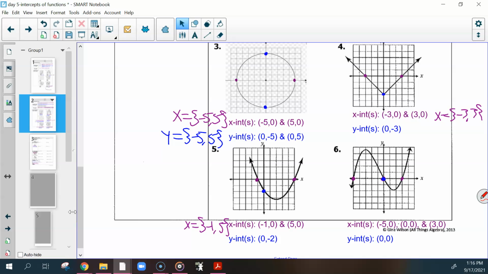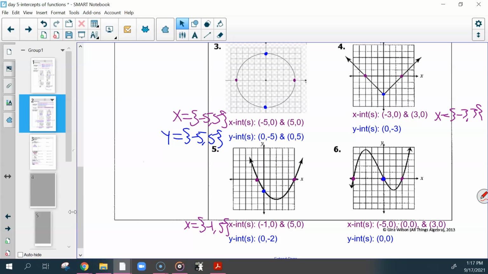For number 3, your x-intercepts were -5 and 5. So remember, if you have multiple, you either need to list them in curly brackets or list them as ordered pairs. Not a combination of both. And this one had 2 y-intercepts as well at the same places.